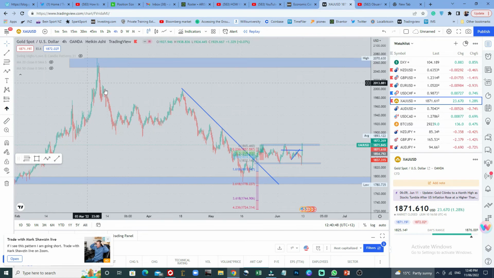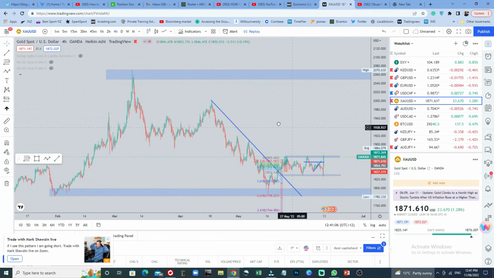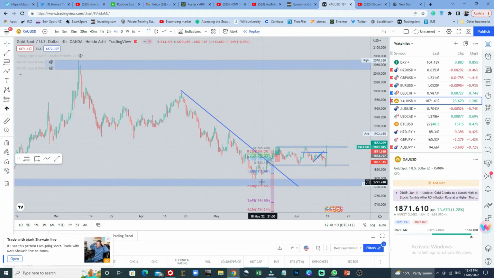Around this point was when the war started, and after that, I think gold started pushing to the downside. Then it consolidated a little bit. It went up. Then at this point, 1994. Then from here, it started pushing down. Now, if you look at this very well, it created a support here and the resistance here.